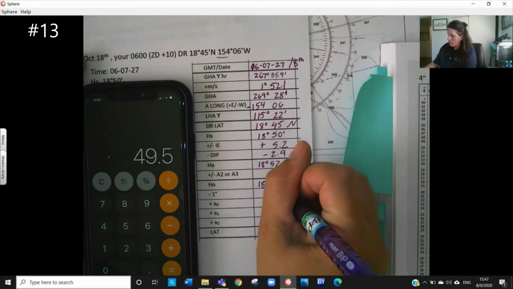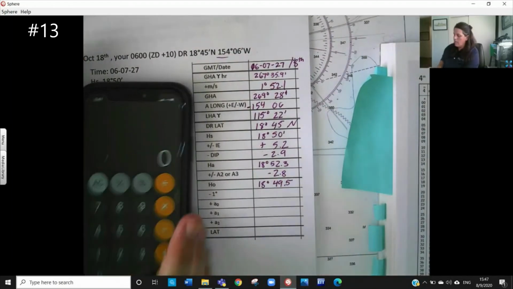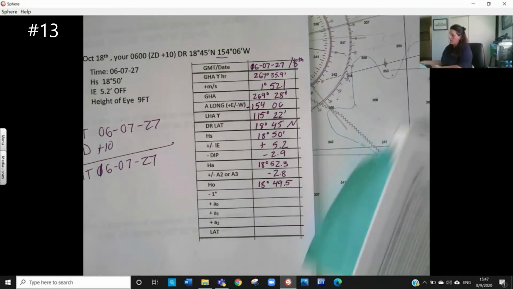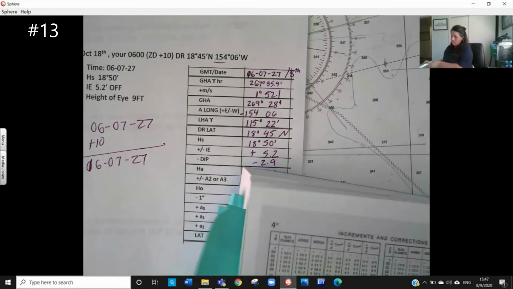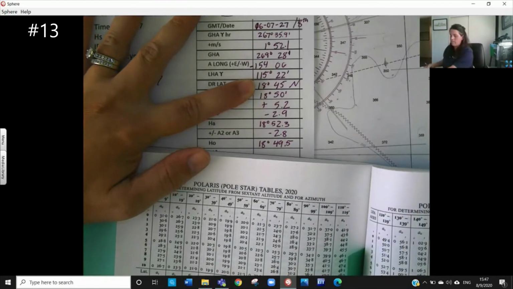18 degrees, 49.5 is our HO that we can go into the Polaris table to get our correction. So our LHA of Aries was 155.